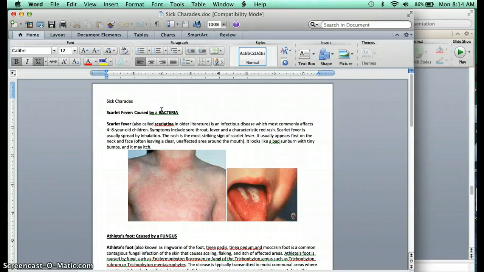You can see the rash on these two people on the tongue and neck, and then it can spread if it's not treated. You can see it spreading to this other person here, and here it's just starting on the tongue. It kind of looks like a bad sunburn, but there are lots of little bumps, and usually they itch. Okay, so that's scarlet fever. We don't see that as much, but it's caused by a bacteria, which is a microorganism.